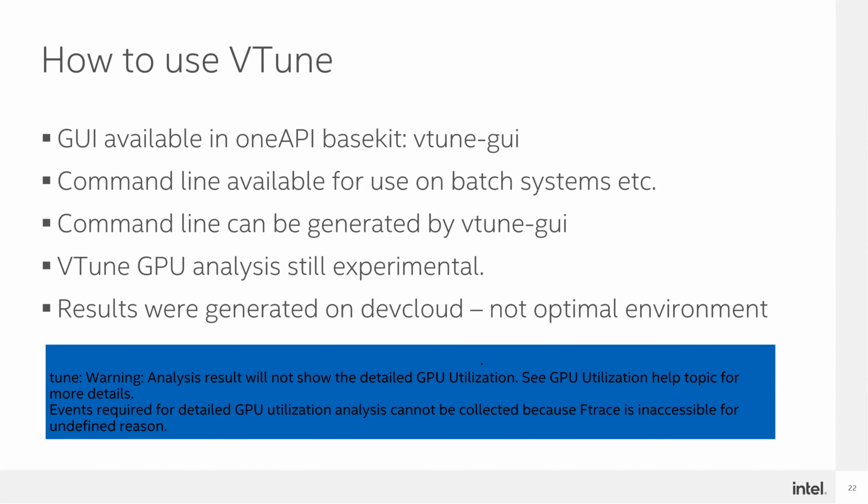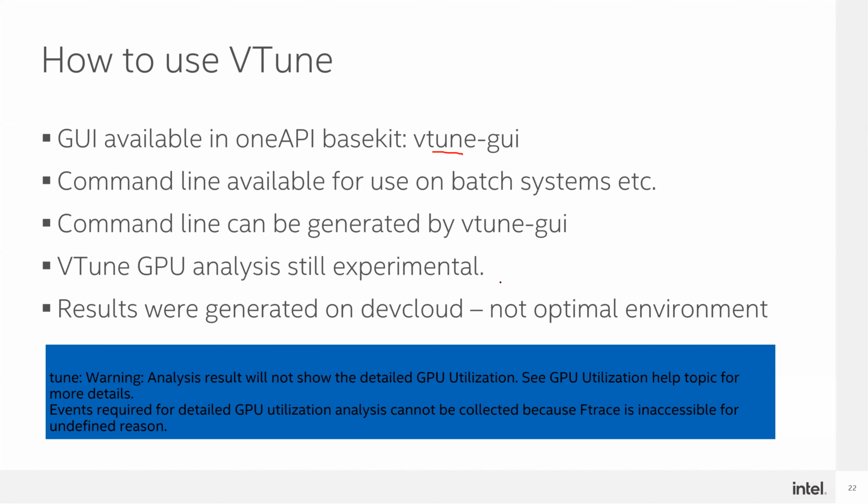So the VTune GUI is already available in the base kit of oneAPI. You can use the command line for batch systems and so forth, and the command line can also be generated by the VTune GUI if you need this.